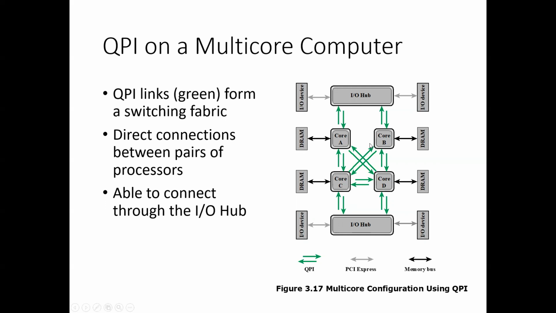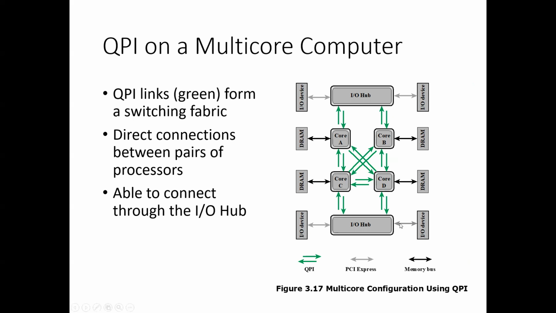There's no connection necessarily between core A and core B, but core C is connected to core B, and core D is connected to core A. Likewise, core C and core D are interconnected to one another, and core C and D are also connected to the I/O hub. So if you were going from core A to the I/O hub, you might go through core D and then down to the I/O hub.